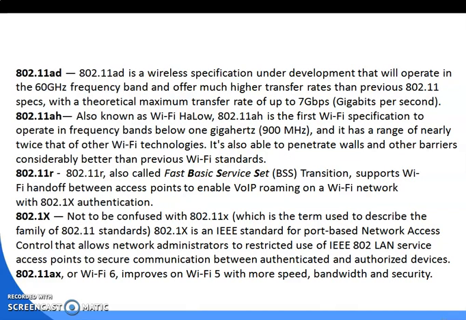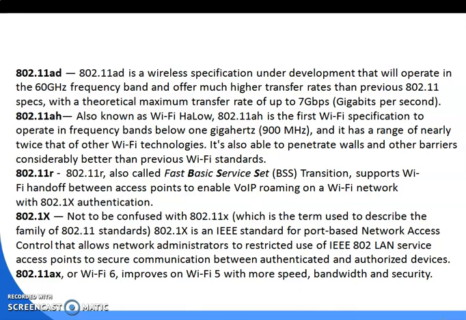Next, 802.11ad is a wireless specification under development that will operate in the 60 GHz frequency band and offer much higher transfer rates than previous 802.11 standards. Again, 802.11ah, also known as Wi-Fi HaLow, is the fast Wi-Fi specification to operate in frequency bands below 1 gigahertz, or 900 megahertz, and it has a range of nearly twice that of other Wi-Fi technologies. 802.11r is also called the fast basic service set transition. It supports Wi-Fi handoff between access points to enable voice over IP roaming on a Wi-Fi network with 802.1x authentication. 802.1x is not to be confused with 802.11x.